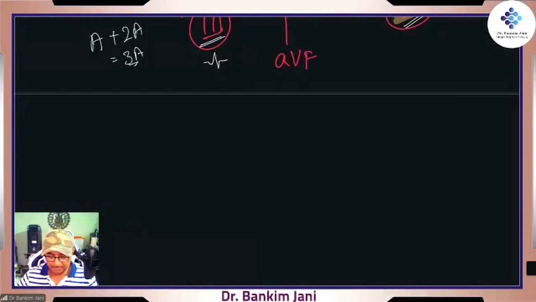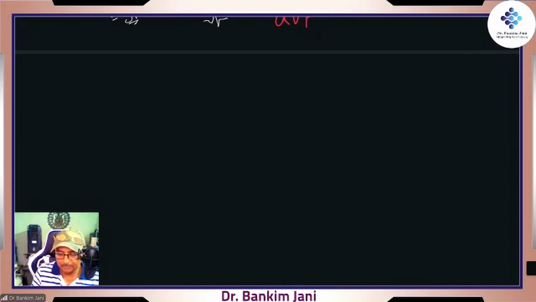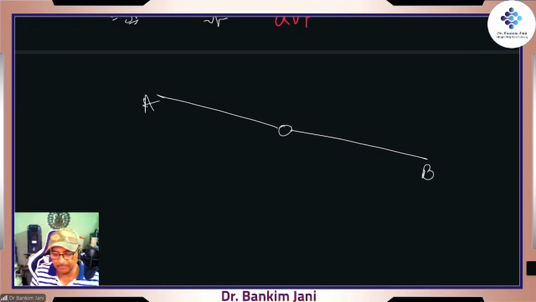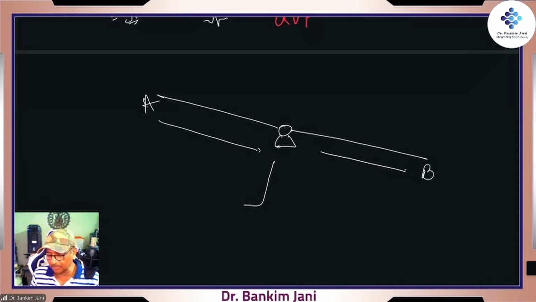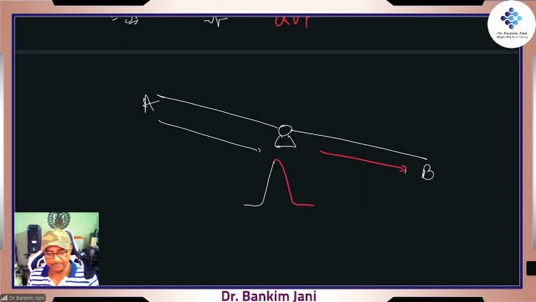Another simple concept. We are here, this is A, this is B, and we are over here. As the signal comes toward us, it goes plus. As the signal goes away, it goes minus.